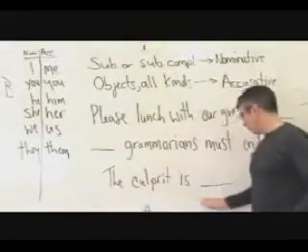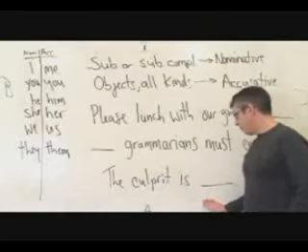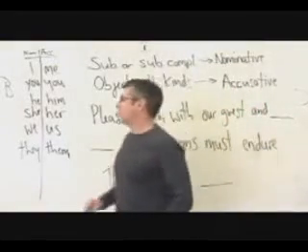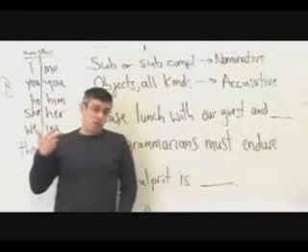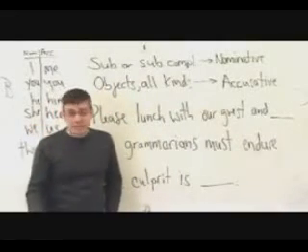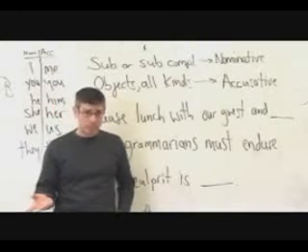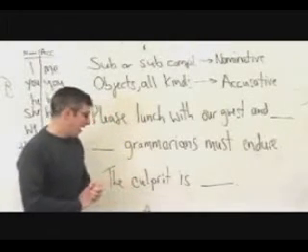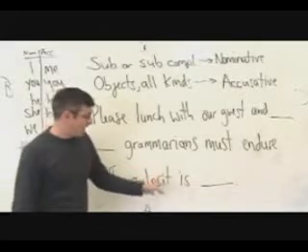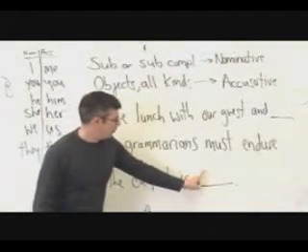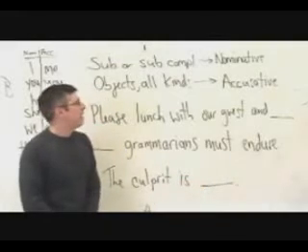And this final example I'm giving here, the culprit is blank. Should we say him or he? The culprit is him or the culprit is he? Well, we have to look at what's going on here. What is going to go into this space?